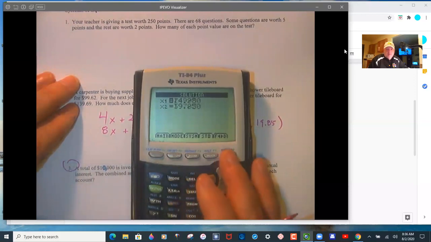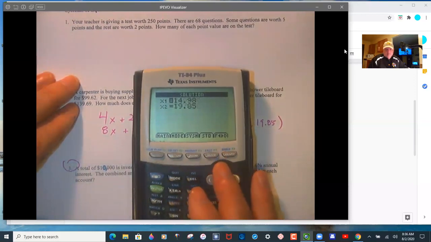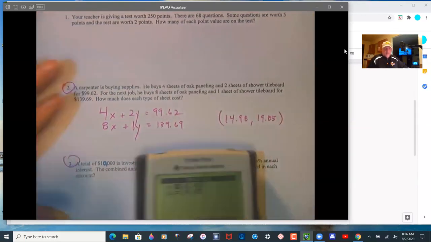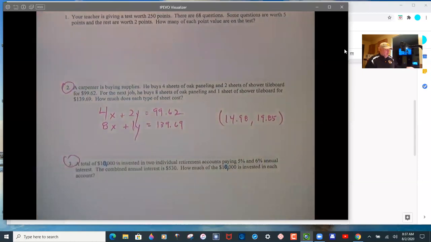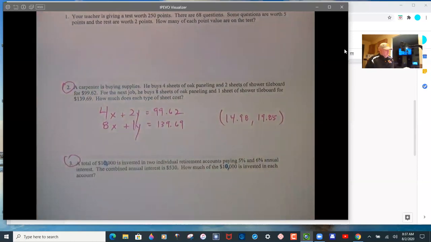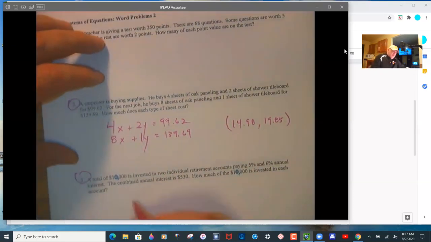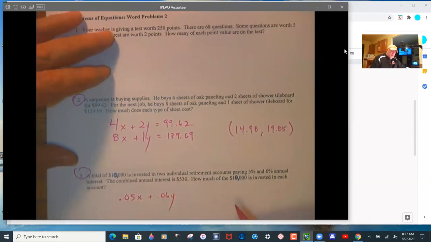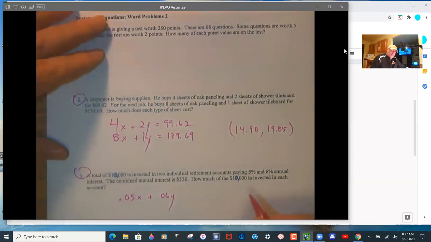Just remember to hit the decimal so that you can see it. Okay, so this is type 2, where you have the 3 sets of corresponded values and 6% annual interest, and that is 8,600.